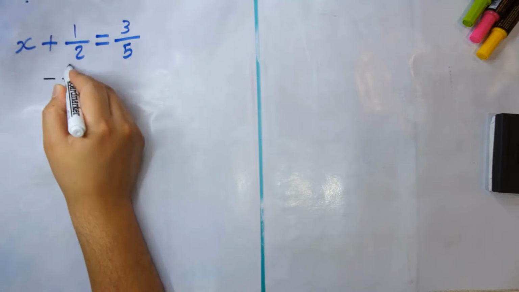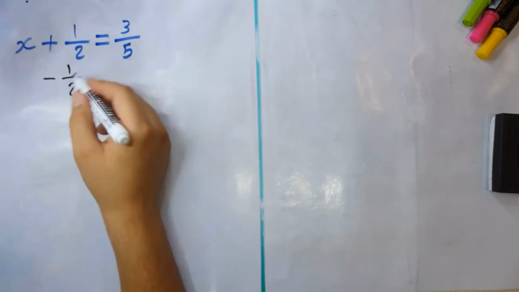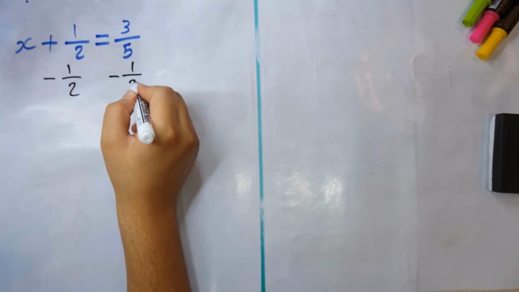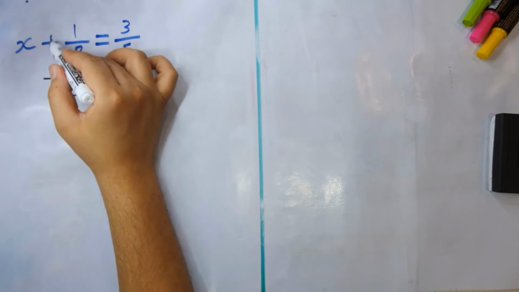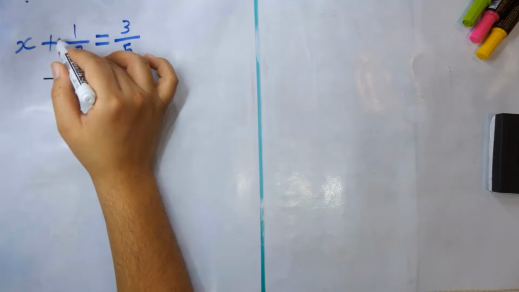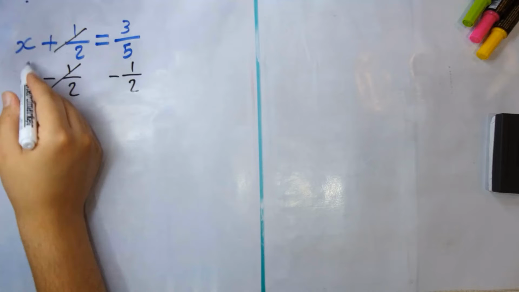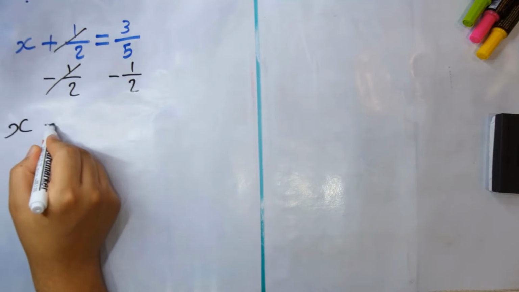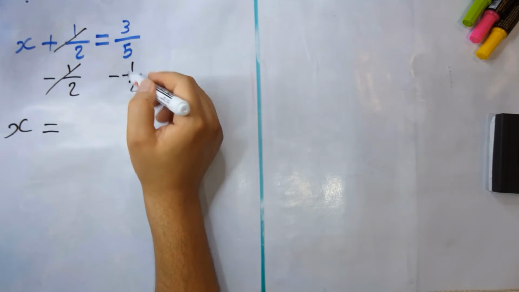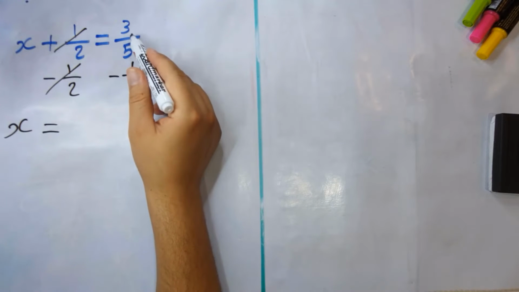We do minus half on both sides. Okay, the positive and the negative, different sign, we do minus, 1/2 minus 1/2 is 0. The remainder on this side is x equal, on the other side we have two fractions.